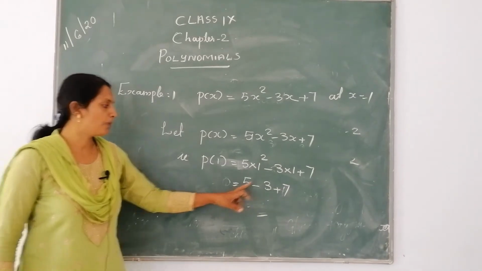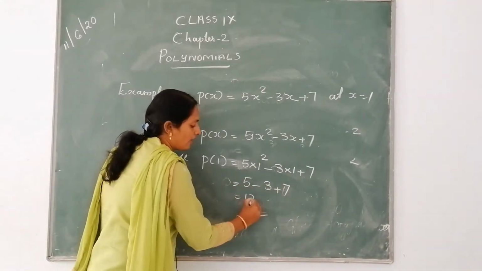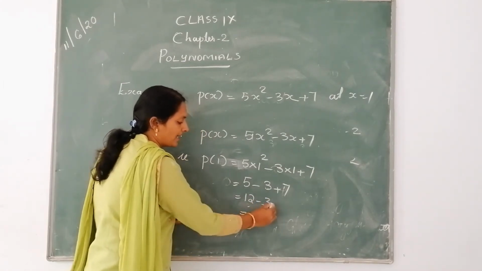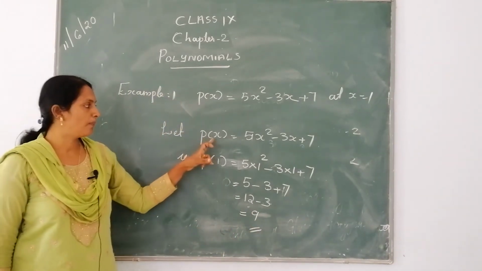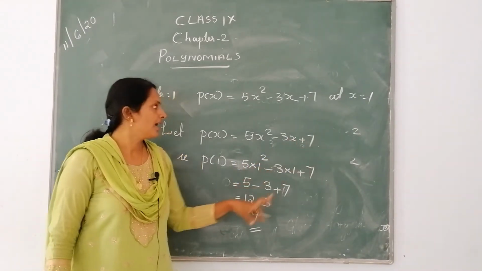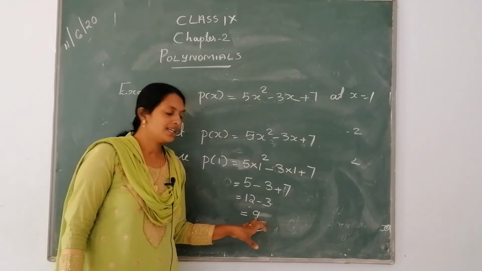First you add the positive terms. 5 plus 7 is 12, minus 3 is equal to 9. Then the value of P of x, 5x square minus 3x plus 7, at x is equal to 1 is 9.